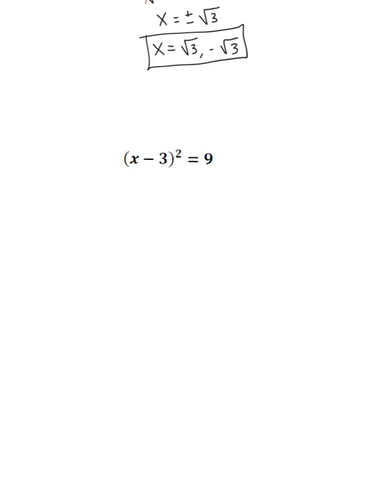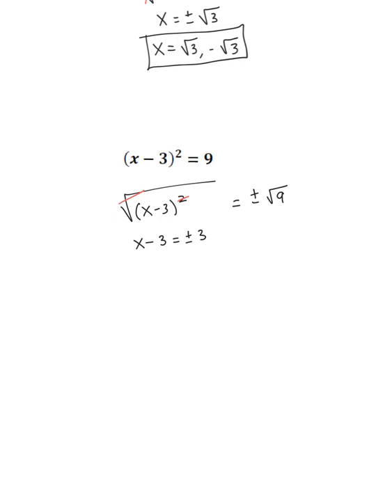On this example, that entire x minus 3 is being squared because it's in parentheses. So I'm going to take the square root of that entire quantity, and then I'm going to put plus or minus the square root of 9. So now these are going to cancel, and you have x minus 3 is equal to plus or minus 3 because the square root of 9 is 3.